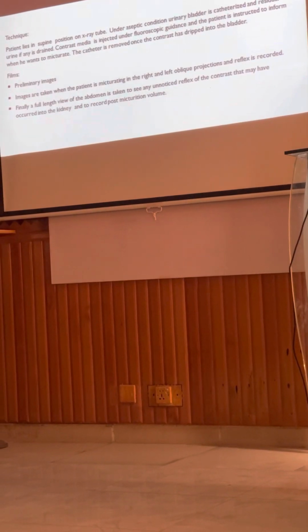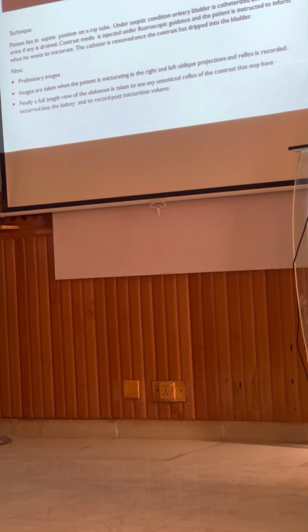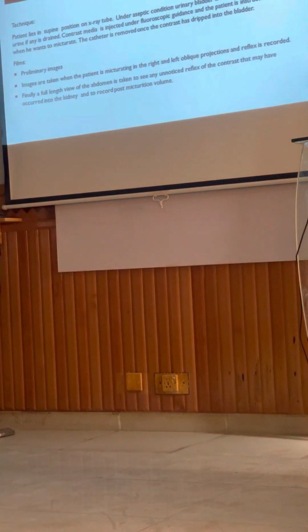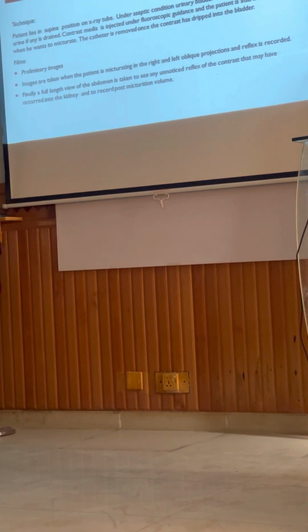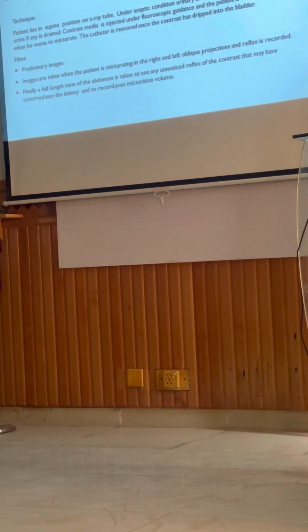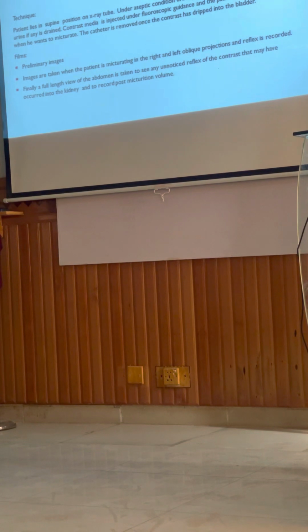The catheter is removed once the contrast is instilled into the bladder. So once a sufficient quantity of contrast is instilled in the bladder, we can remove the catheter. Now again, we will take care of films. The first film should be taken before the introduction of the contrast. The images are taken when the patient is micturating, with right and left oblique projections, and reflux is recorded.